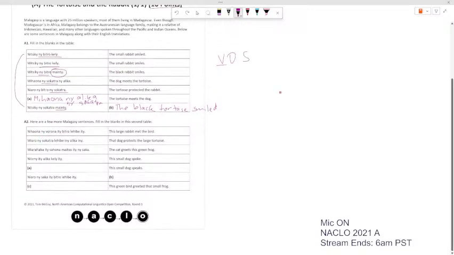Again, we know that it starts with a verb, then the object, then the subject. So the large rabbit met the bird. So this is met, right? This is the large rabbit, I'm assuming.